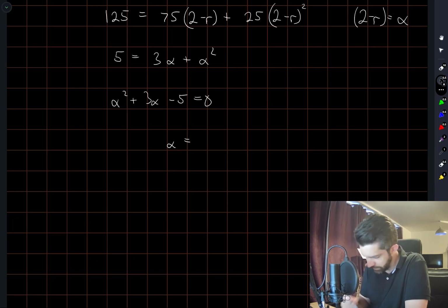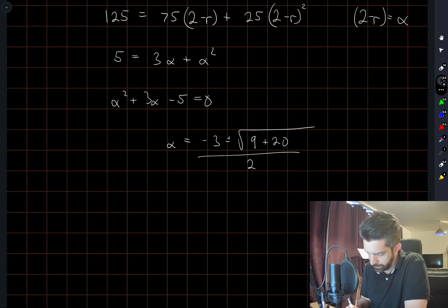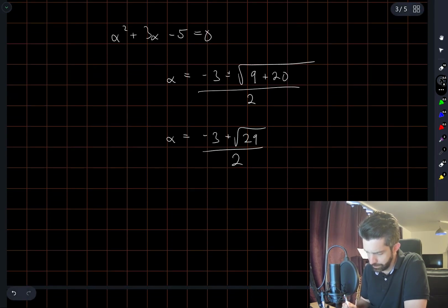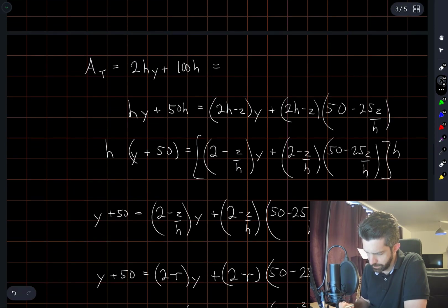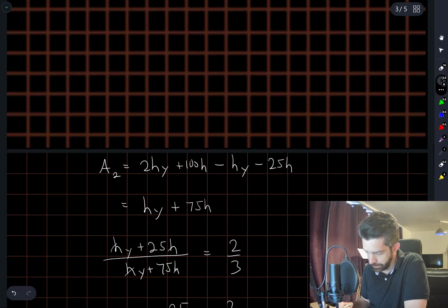Alpha is equal to negative 3 plus or minus the square root of 9 plus 20, divided by 2. I don't like that we have some ugly numbers here. I'll throw out the negative root, so I have negative 3 plus the square root of 29. That's really unfortunate that it's so ugly looking.